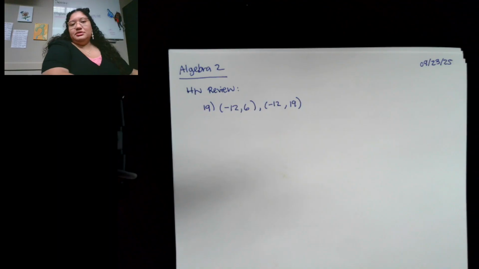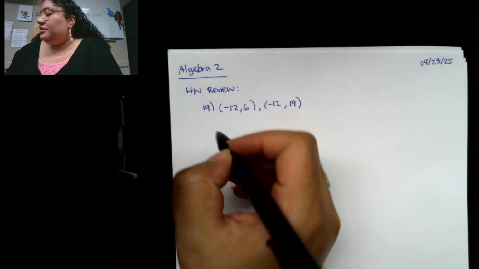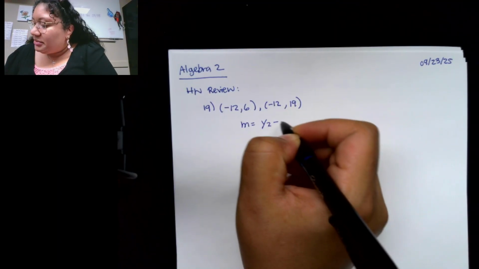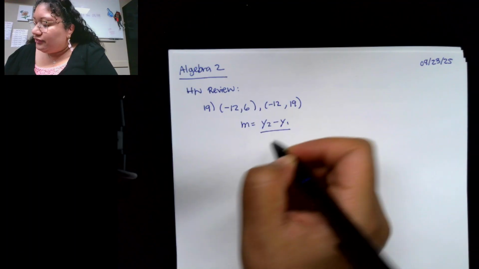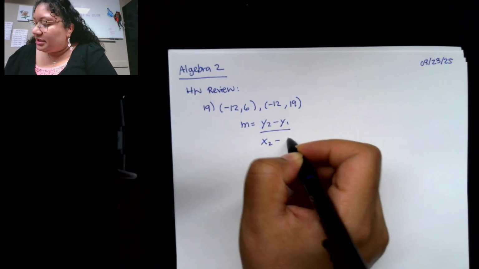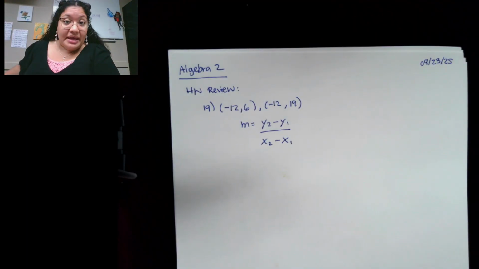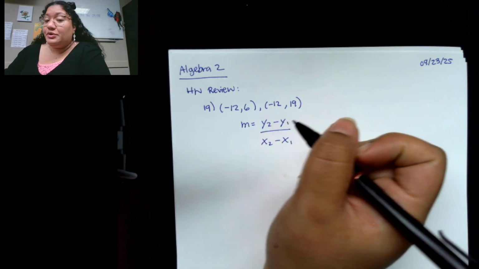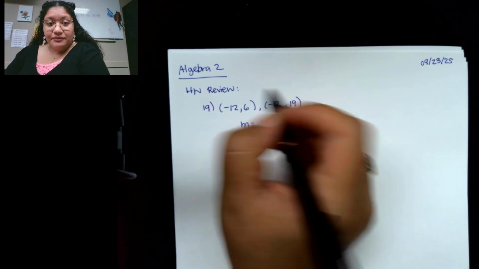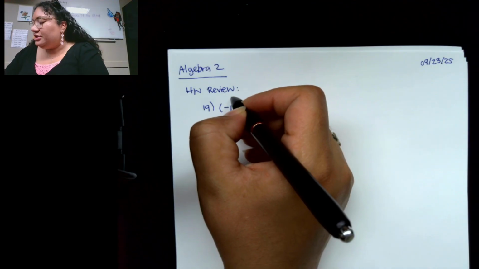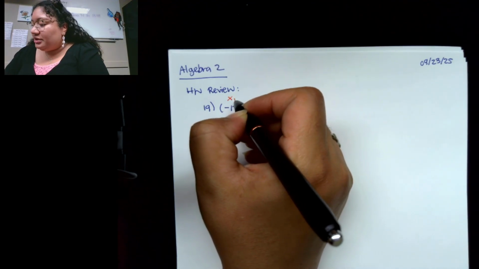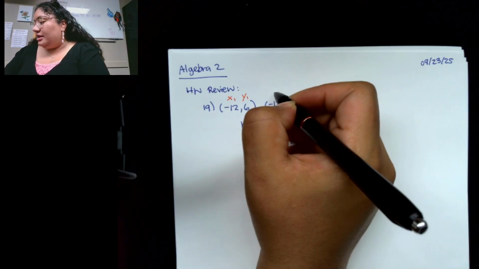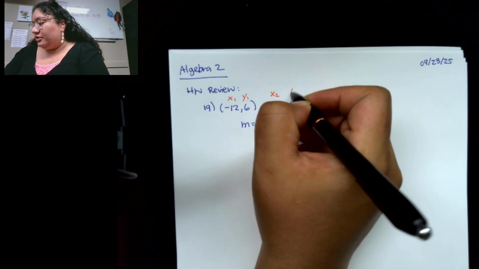Okay, so to find the slope again, the equation is y2 minus y1 over x2 minus x1. Best tactic again is to label your ordered pairs so that you do not confuse them, right? So I'm making this one my x1. So if that one is my x1, then this one is my y1. And then this one is my x2, and this one is my y2.